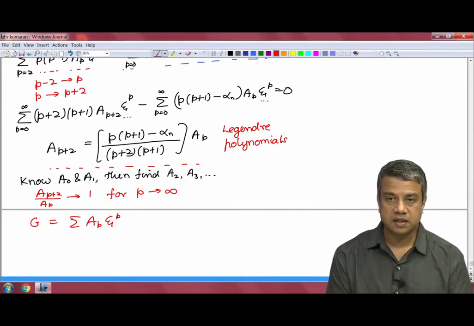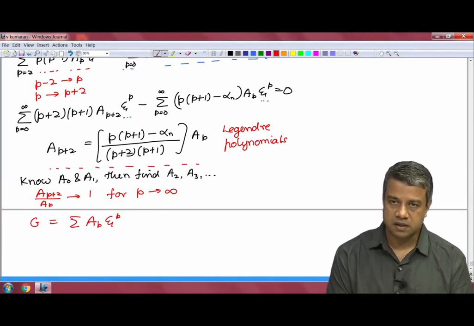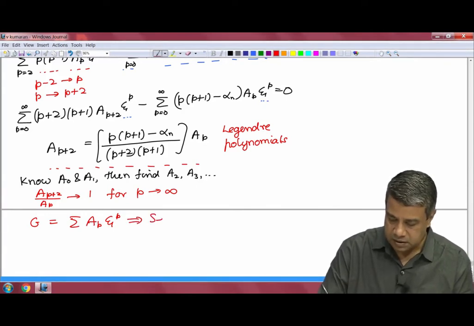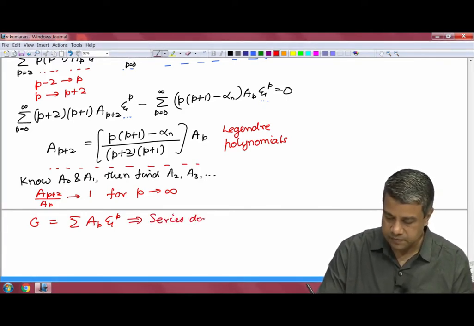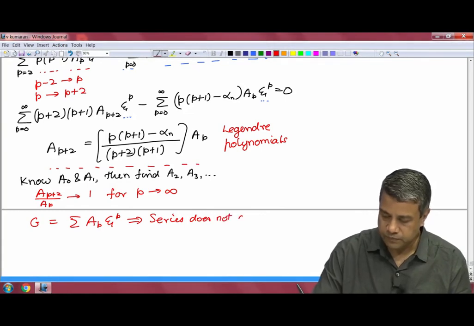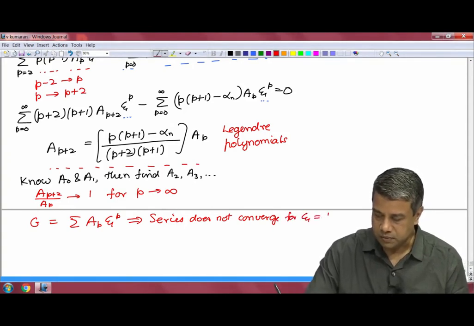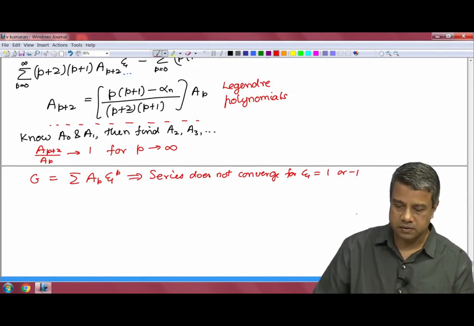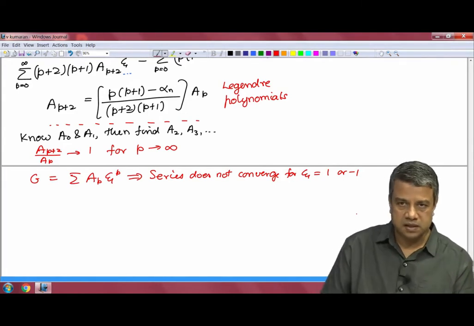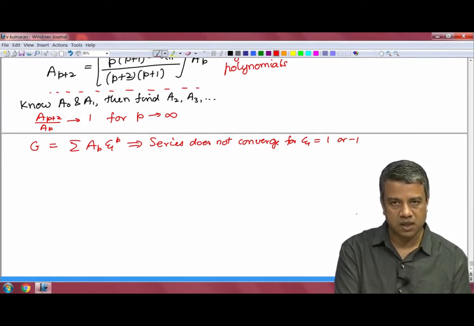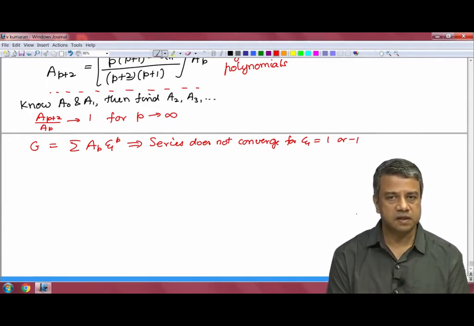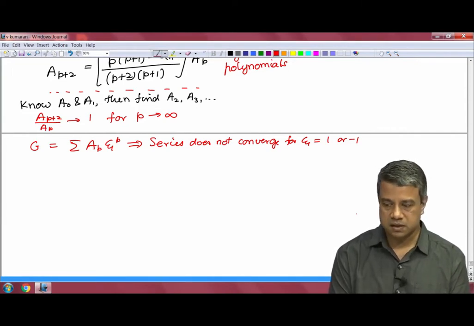What that implies is that the series does not converge for psi equal to 1 or minus 1, because a series going from 1 to infinity, where the ratio of successive terms is 1 or even minus 1, is not a convergent series.